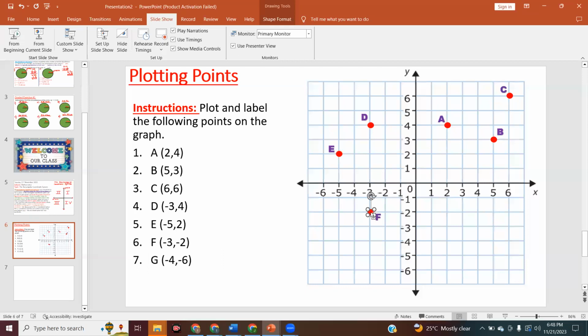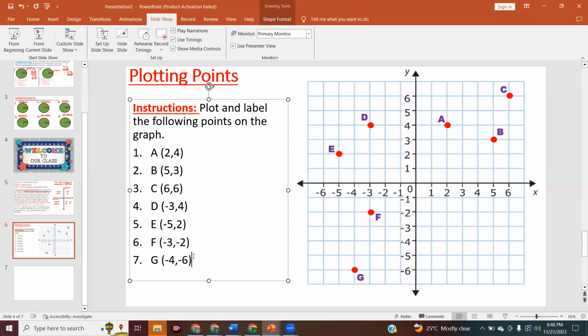Start at the x-axis at -4. Go down 6. Very good. And we're gonna label this G. All right, that's G.